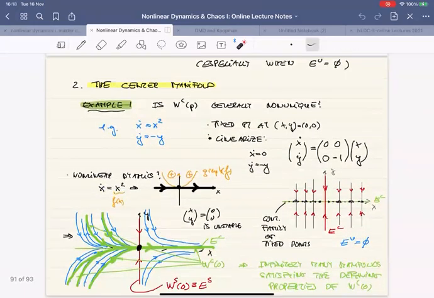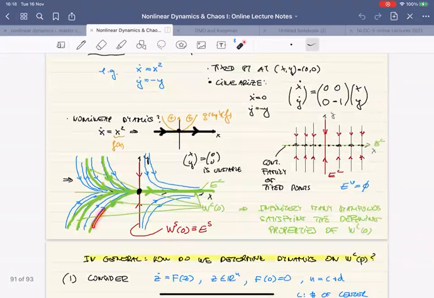We just looked at an example, and remember, this example showed you that even in the simplest examples, the center manifold is clearly not unique. There are infinitely many of them, and it's even a continuous family. All these curves are center manifolds. And I told you how you can immediately spot that they're not analytic, because you could not have all these analytic functions with the derivative zero up to any order on one side, and on the other side, at some point, non-zero derivatives.